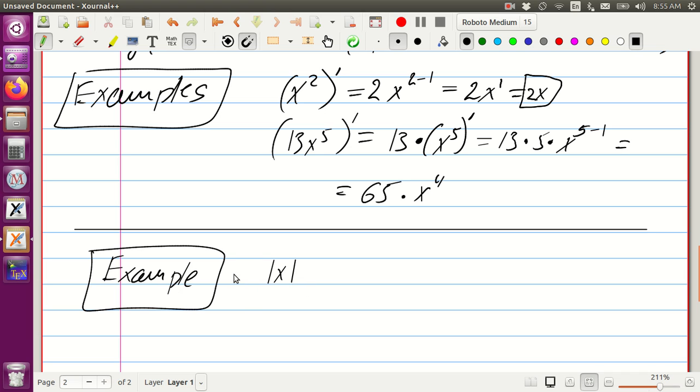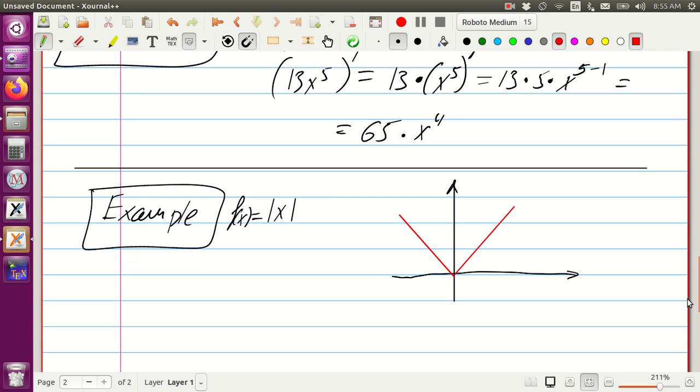We can clearly look into this function. It has this V shape with a sharp point at the bottom. Since it has a sharp point, there is no derivative at x equal to 0.